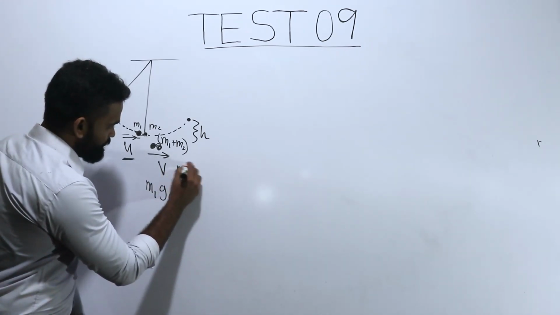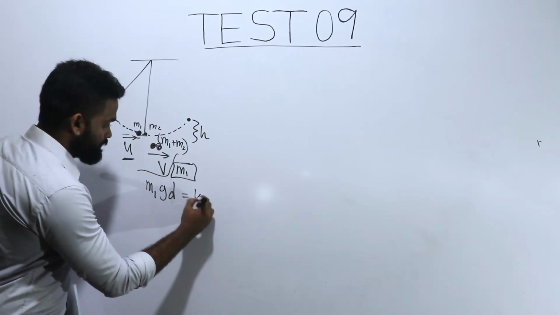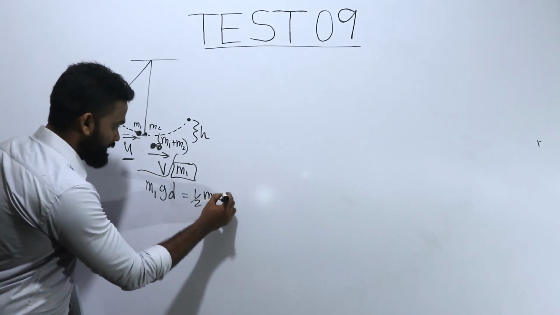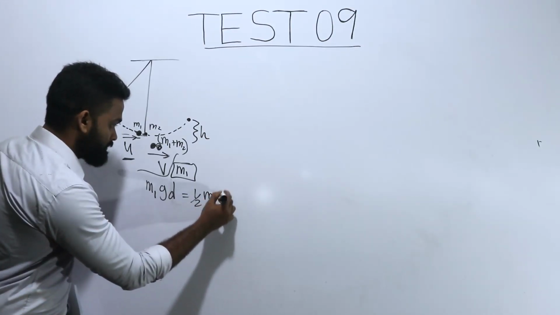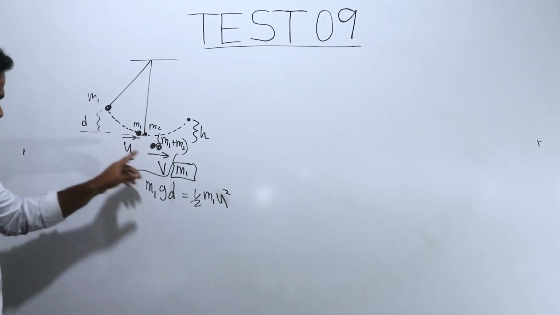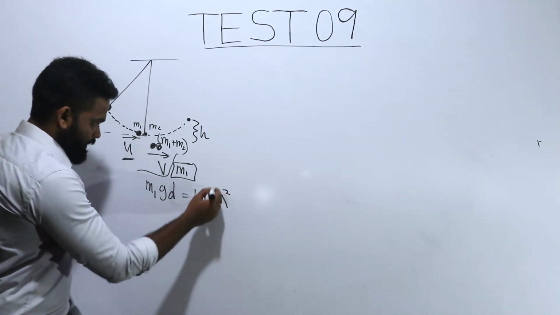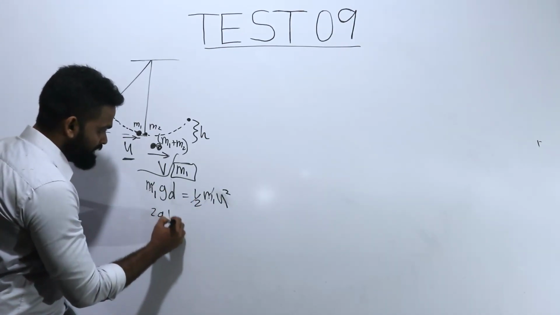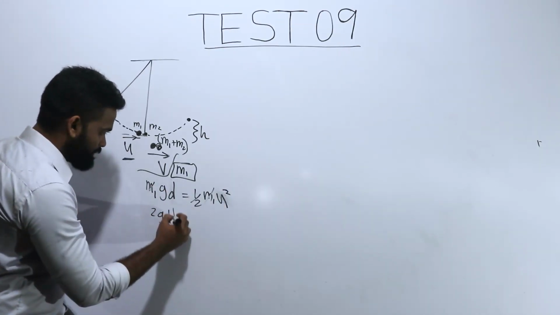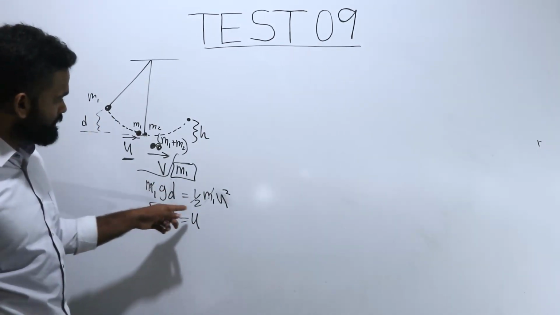I am applying the equation only to m1, right? So that is converted into kinetic energy of m1. I have mentioned that the velocity of m1 is u. Then half m1 u squared equals m1gd. m1 cancels, so 2gd equals u squared, and the square root of 2gd equals u.